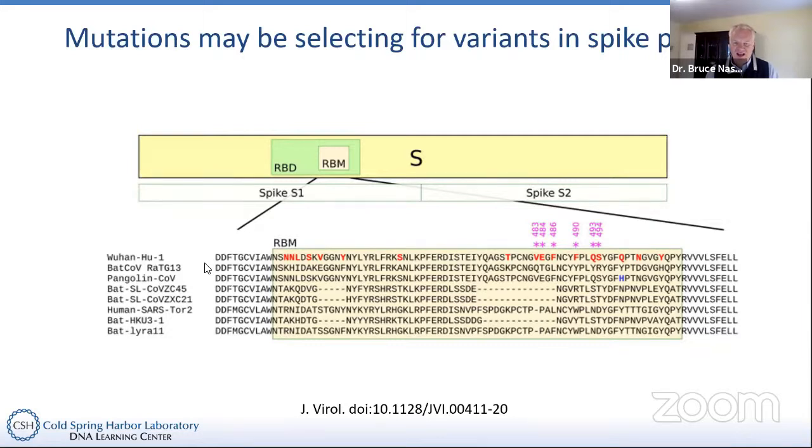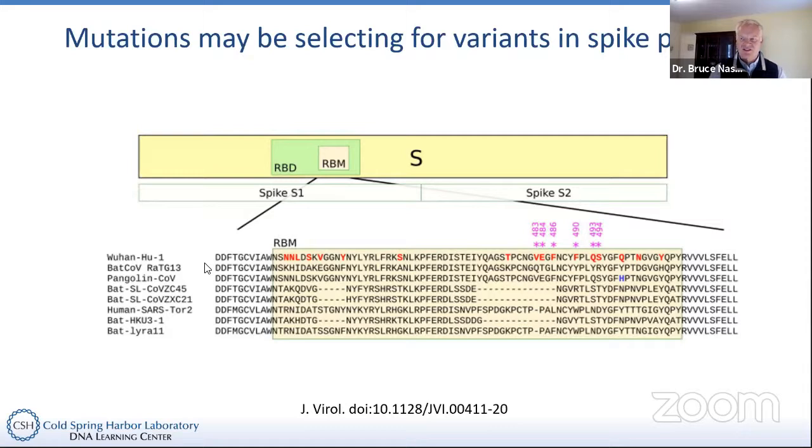So remember, the S gene codes for the spike protein. Okay, and in the spike protein is a region which is the receptor binding domain. So domains are parts of proteins that fold up and do a function. And this particular part of this spike protein on the outside of the virus is thought to bind to this receptor.